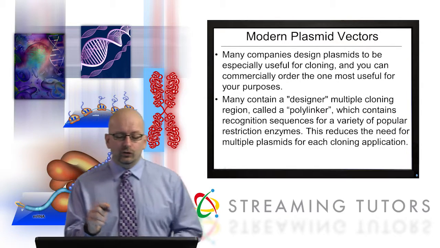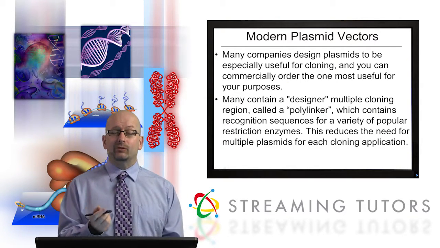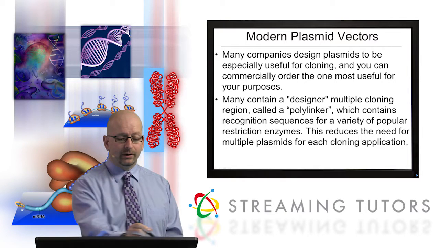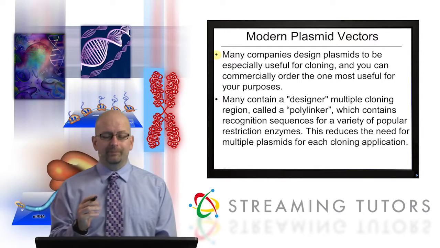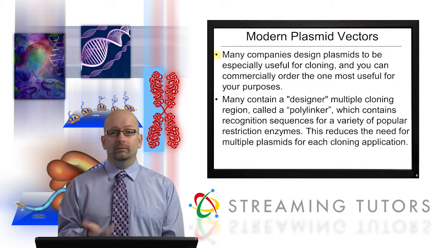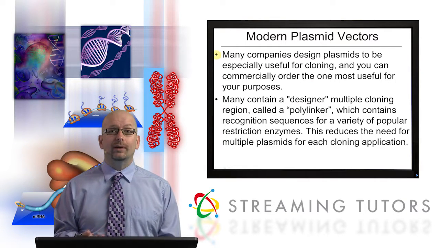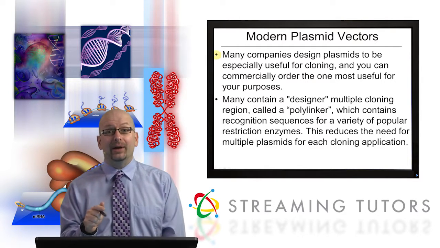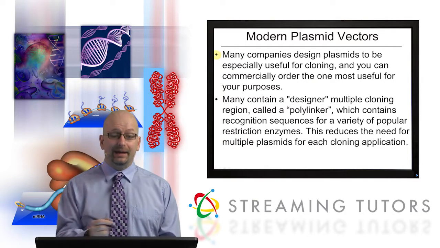Okay. Just for the record, a lot of modern plasmid vectors are engineered, and a lot of companies sell them so that they're particularly useful for cloning. Just like you can order restriction enzymes, you can go to your favorite store and pick out a cloning vector that you like.